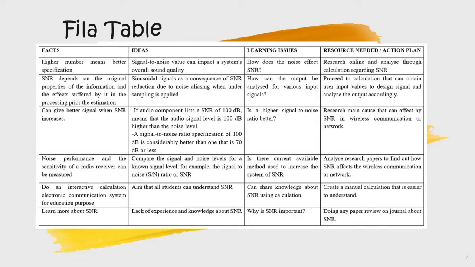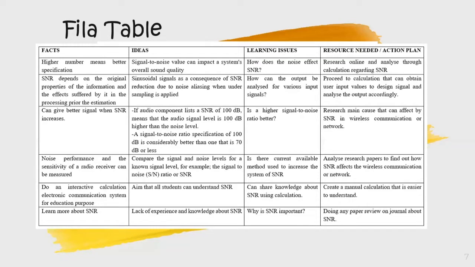The second fact is that SNR depends on the original properties and the information and the effects suffered by it in the processing prior to the estimation. The idea of the fact is that a sinusoidal signal is a consequence of SNR reduction due to noise aliasing when undersampling is applied.